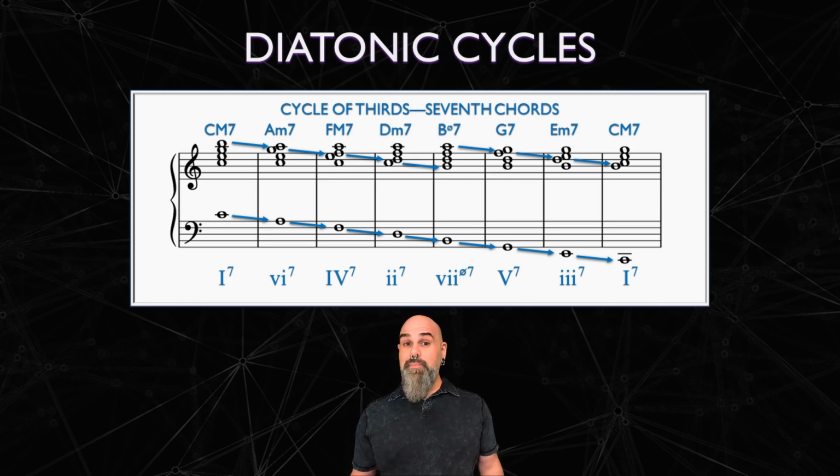This is a big deal because in tonal music, the 7ths of chords almost always resolve downward by step. In the cycle of thirds, the 7th of each chord will step down to become the root of the next one, with the 3 other notes staying in place. I'm going to play these examples without the bass note so you can really hear how each voice moves.